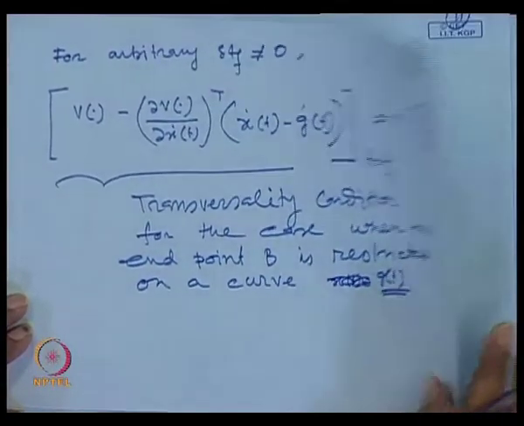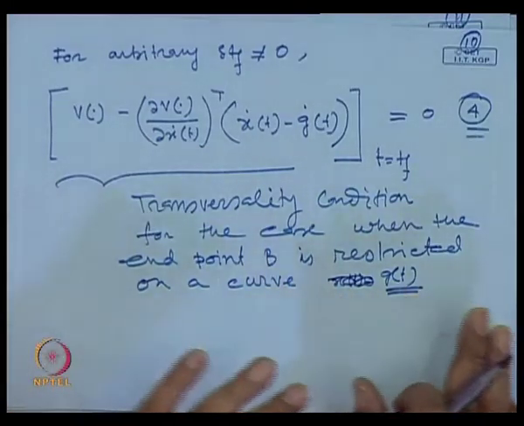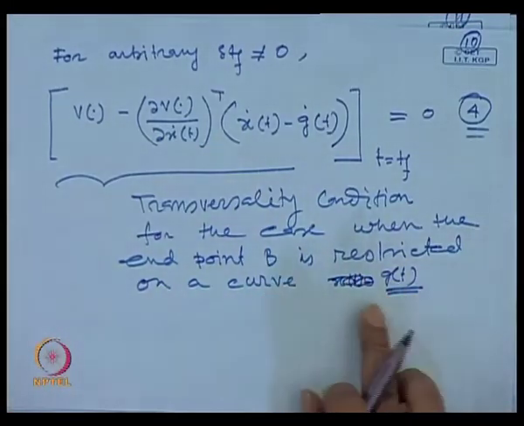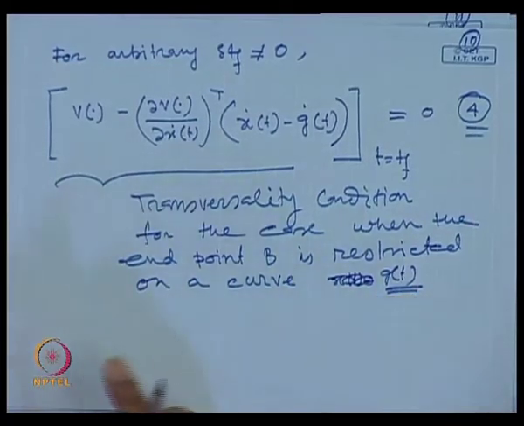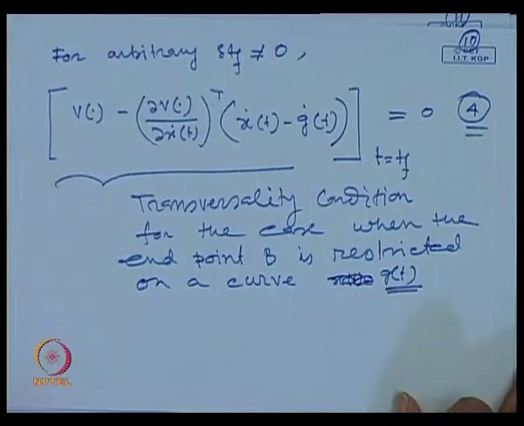So, in short, when the free end B is restricted on a curve g t and the other end is fixed, then we have to solve Euler's equation, which is equation number 1, and equation number 4, that we have to solve.